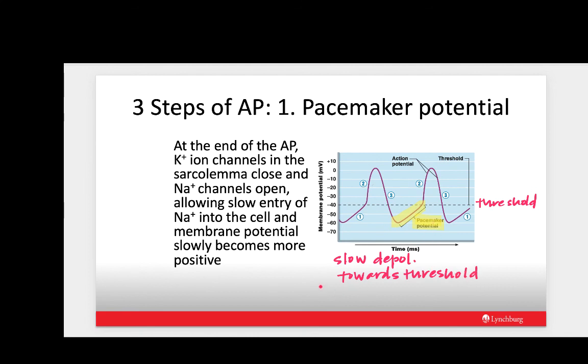It's an unstable resting potential, so it's not just a flat line like in skeletal muscle. This is caused by slow entry of sodium into the cell. So we have a slow depolarization because of sodium influx, which is making the interior of the cell more positive.